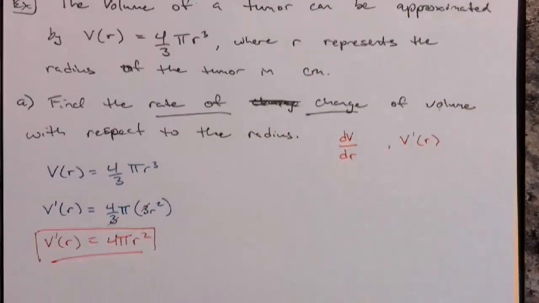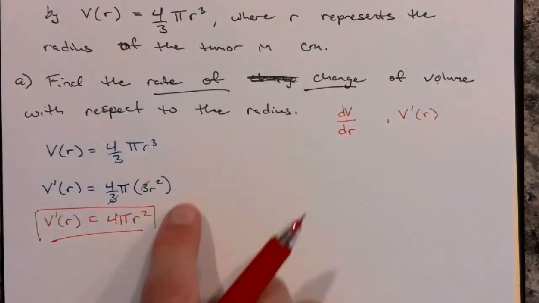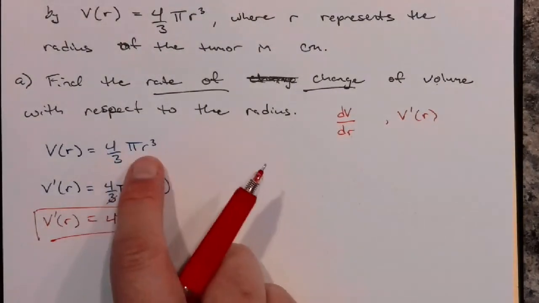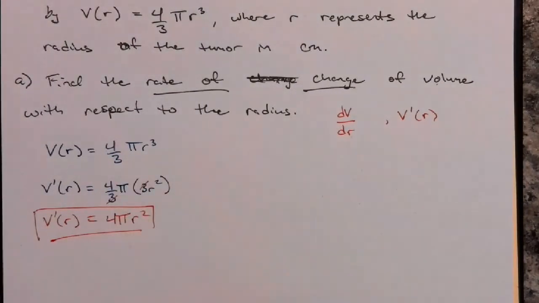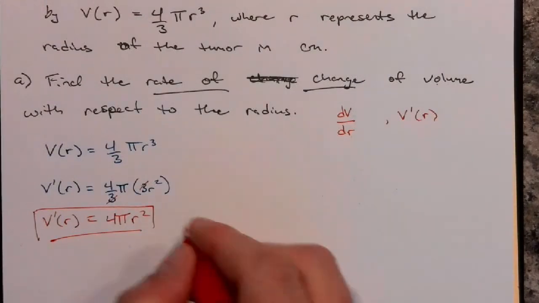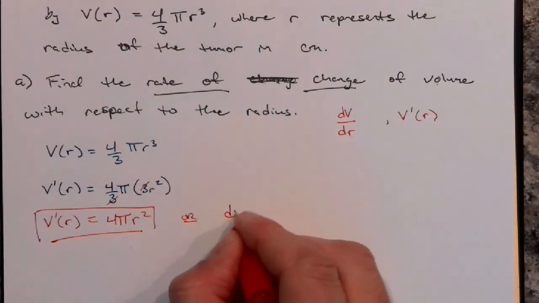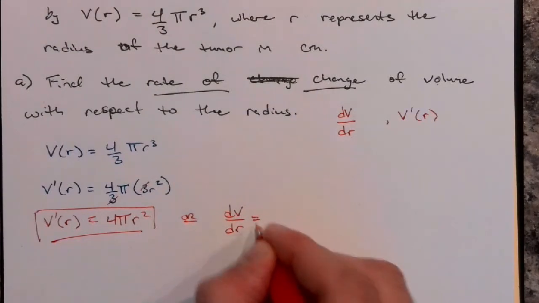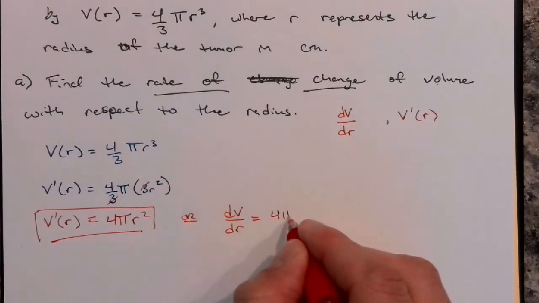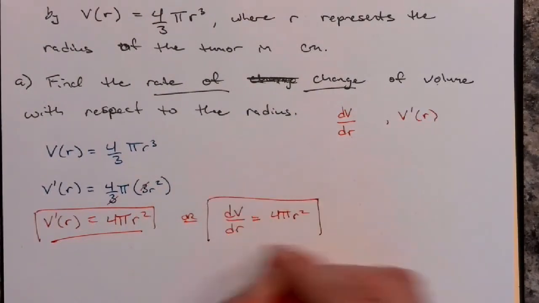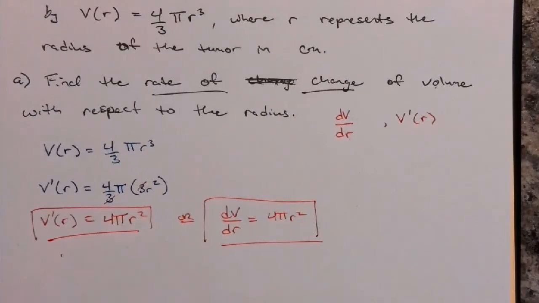That's the same thing. You don't have to show the intermediate step. I just wanted to make sure you saw I was using the rule of a constant times a function. Or if you wanted to write it in Leibniz notation, dV over dr equals still 4 pi r squared. These are the same. One is Leibniz notation, one is our other traditional notation.